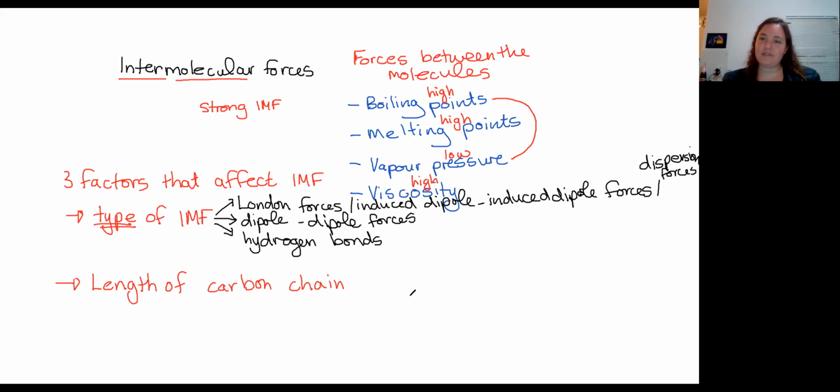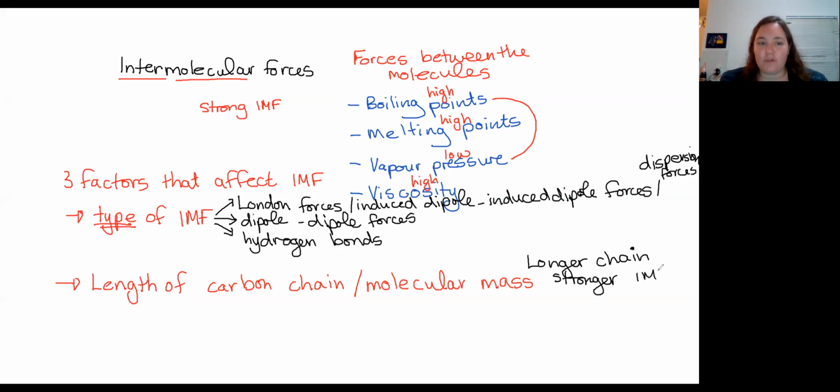If we're comparing methane, ethane, propane, the bigger the mass is, the stronger the intermolecular force. So we either say the length of the carbon chain, or we can describe it as being the molecular mass. If you have a longer chain, you'd have a higher mass, you'd have more protons and more electrons interacting, stronger intermolecular forces. So longer chain always means stronger intermolecular forces.